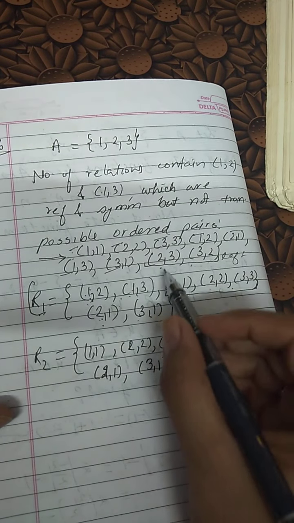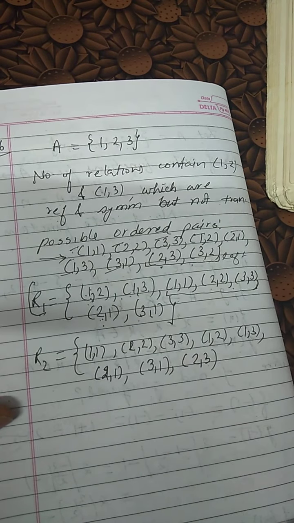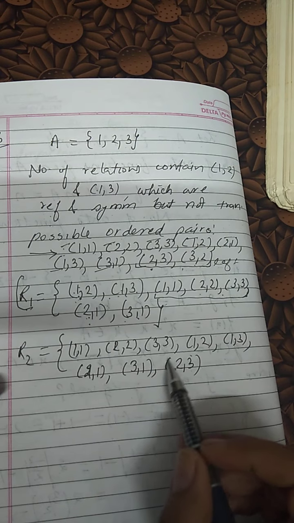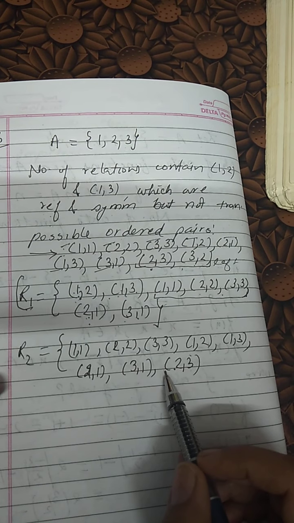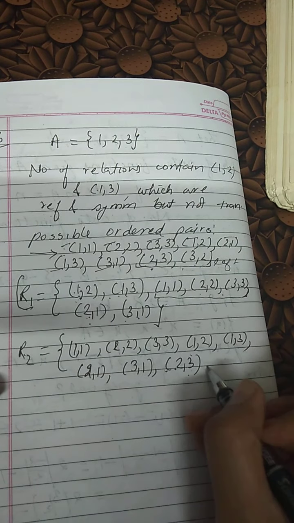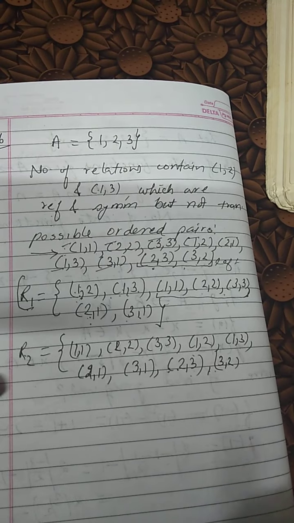Now if I take any one ordered pair from here, let us say 2 3, and the relation should be symmetric, then I have to take the 3 2 ordered pair also. Now when I am taking the 3 2 ordered pair, the relation is symmetric.